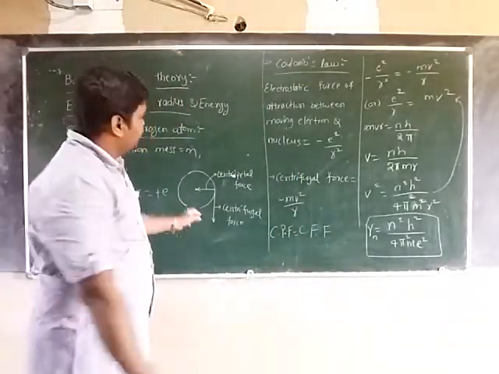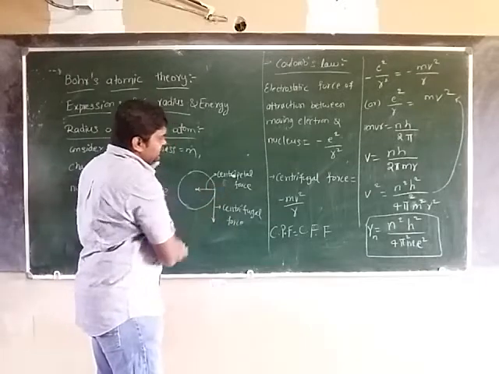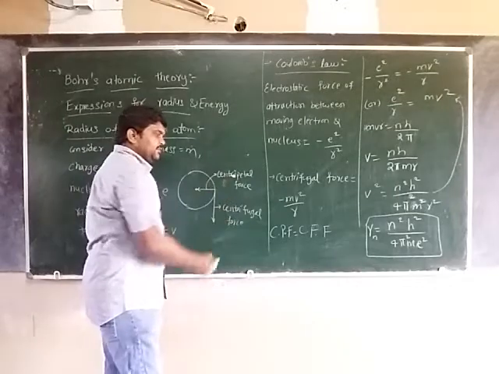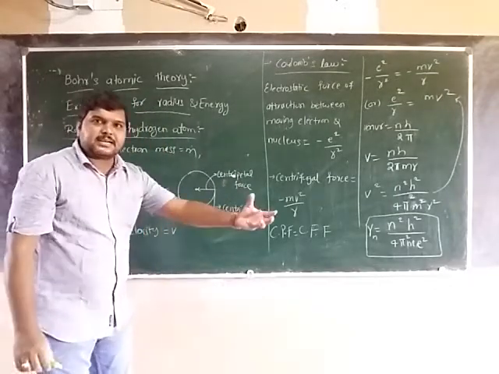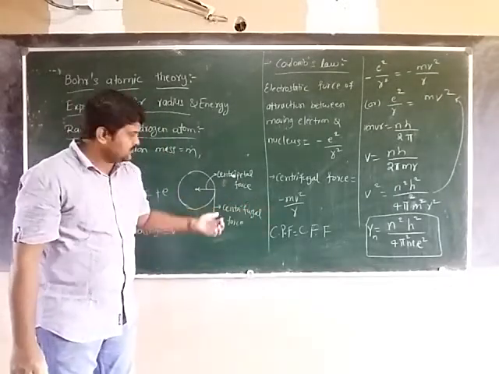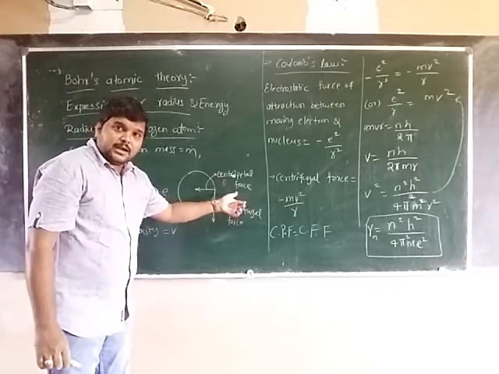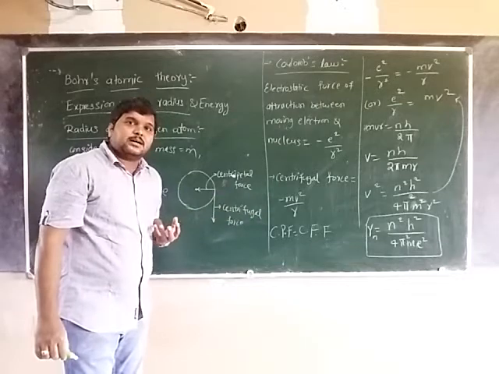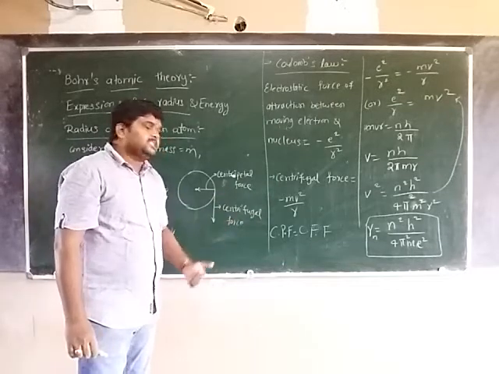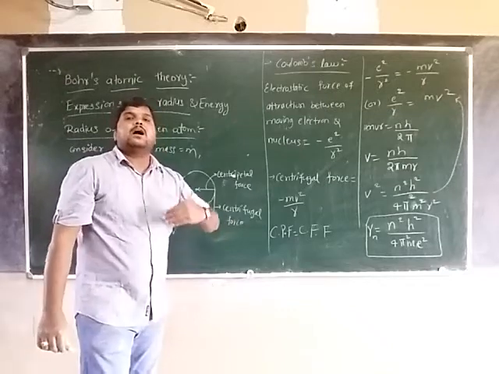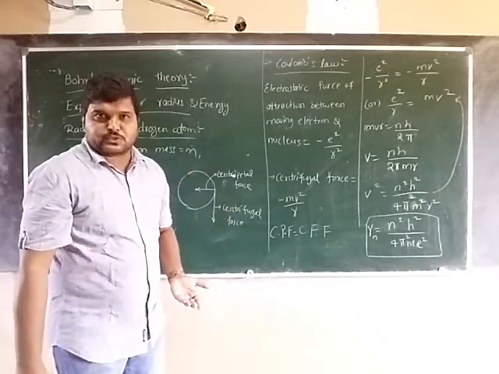When an electron revolves around the nucleus, we observe two types of forces. One is the centripetal force, which attracts the electron towards the nucleus. Another is the centrifugal force, which is directed away from the nucleus.